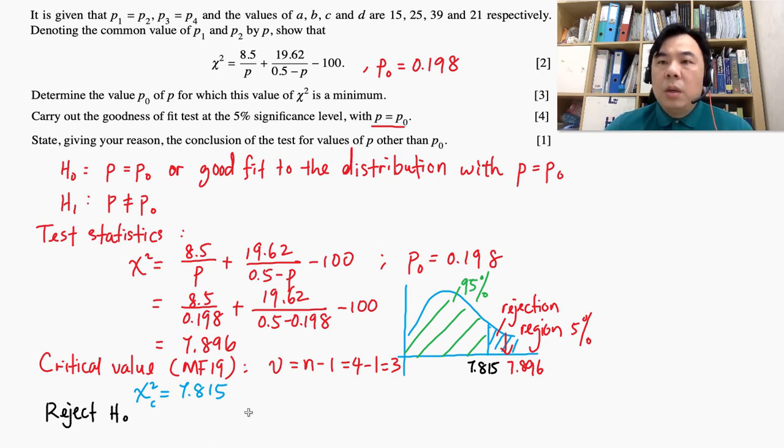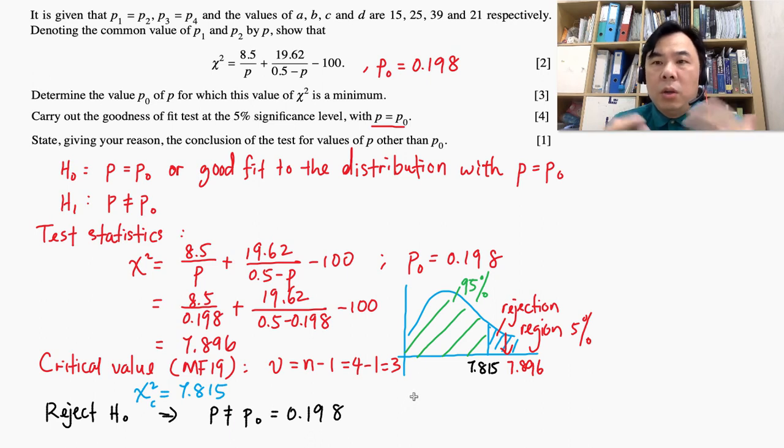H naught. By rejecting H naught here, we are directly saying that this is not a good fit with the proportion P equal to P naught. So I'll just make it short here: the proportion P is not equal to 0.198. Or you can conclude it as, the result provides us with significant evidence to reject the null hypothesis.